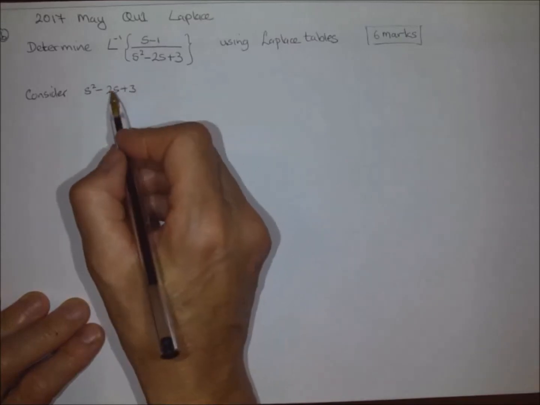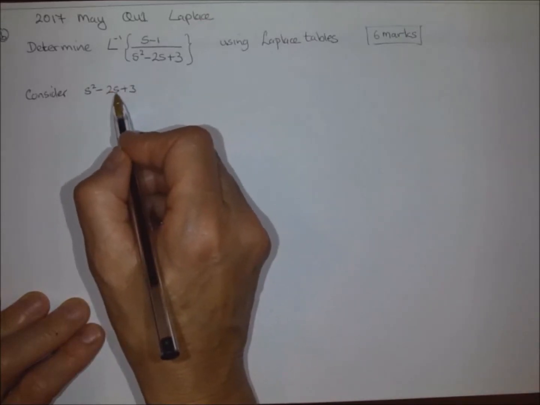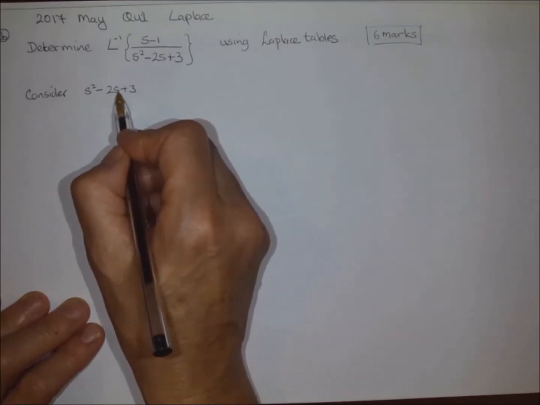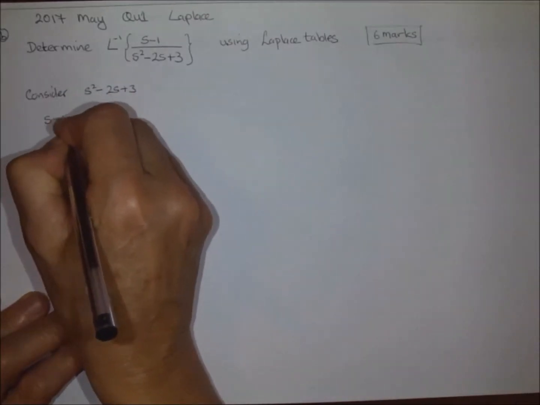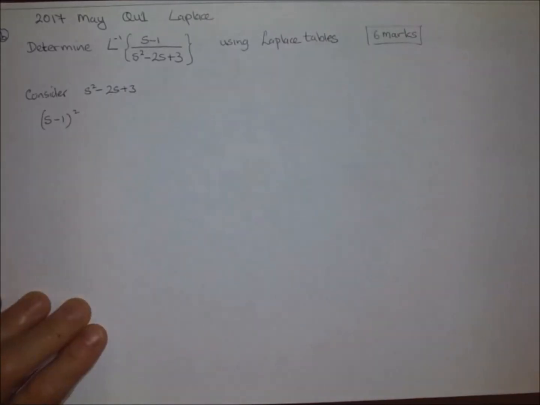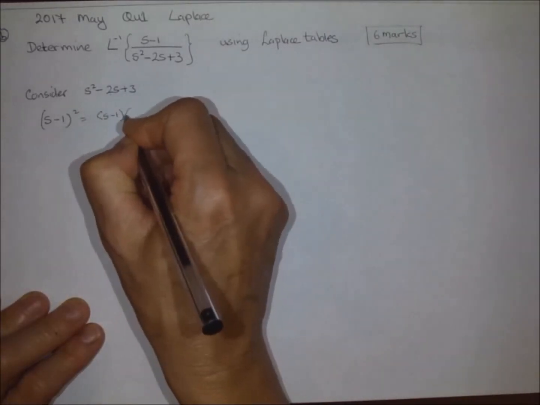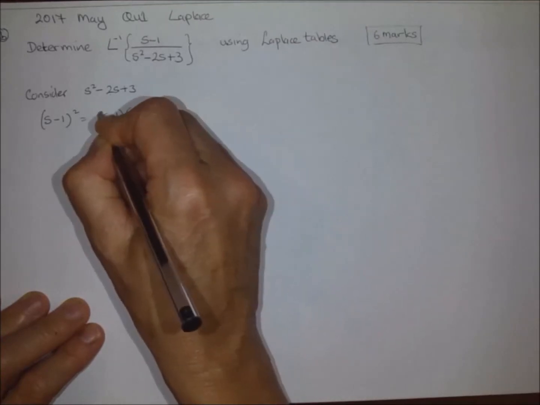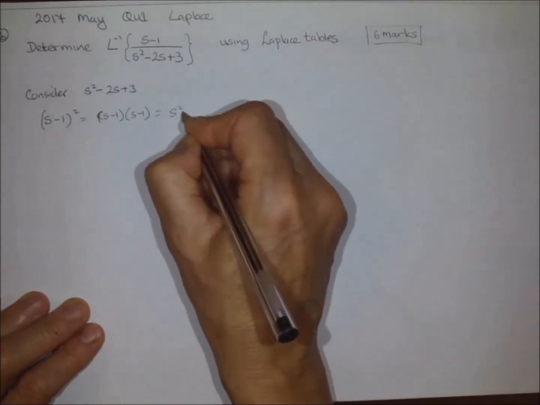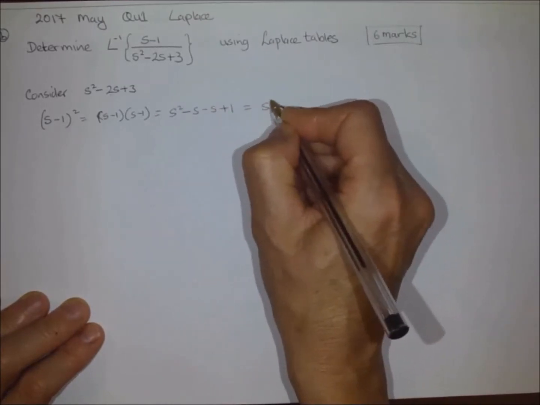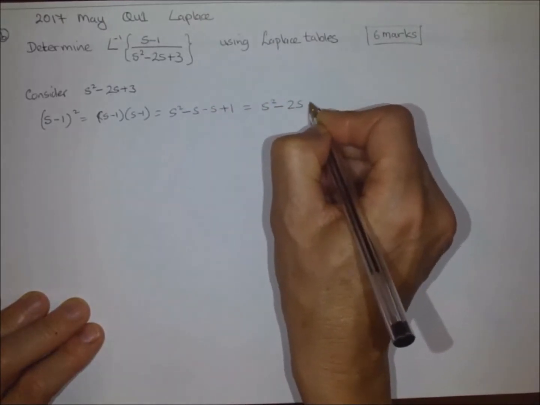So if that had been a 6 minus 6s, we would say it's minus 3. In this case it's minus 2s, so we go with s minus 1 squared. That becomes s minus 1 times s minus 1, which is s squared minus 2s plus 1.